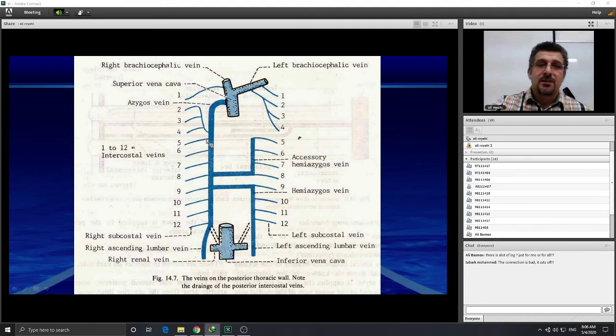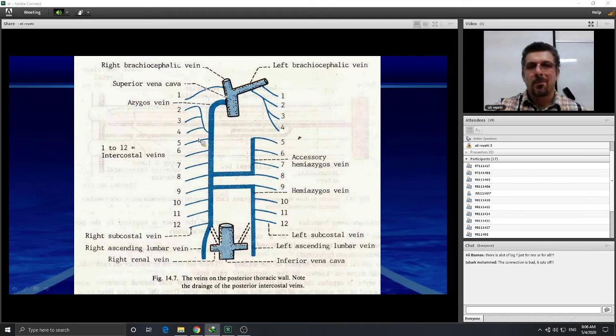You can see these veins, against each intercostal space, receive the posterior intercostal veins, as you see in this picture.